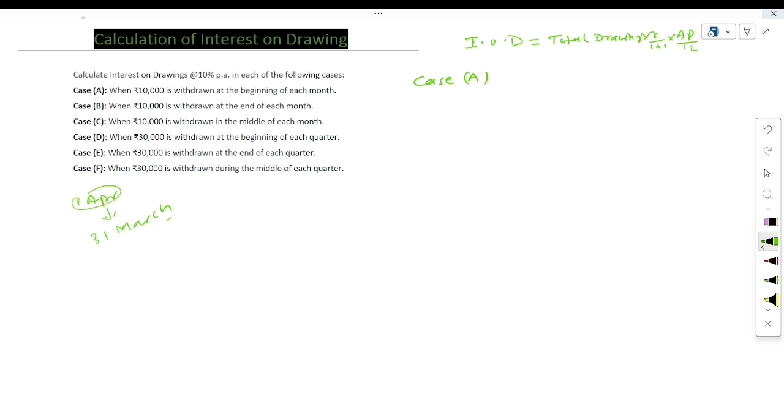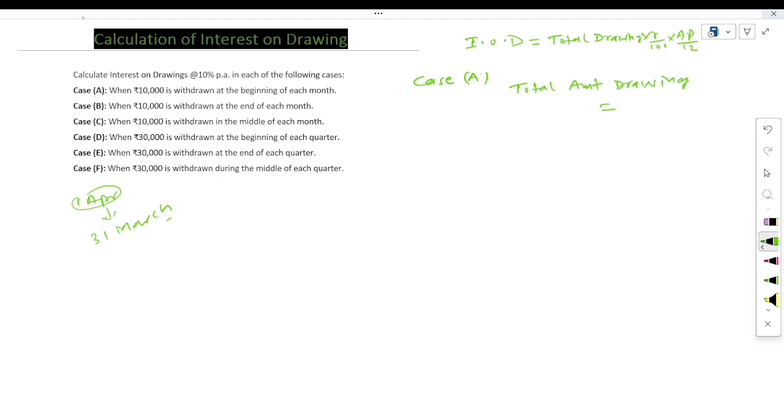Your beginning would be 1st April, then 1st May, then 1st June, then 1st July, like this, and last on 1st March. What would be the total amount of drawing?